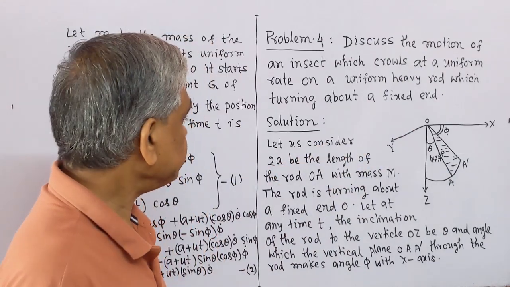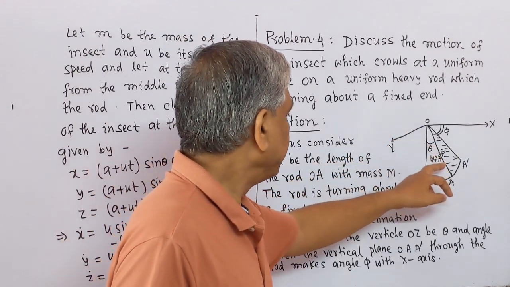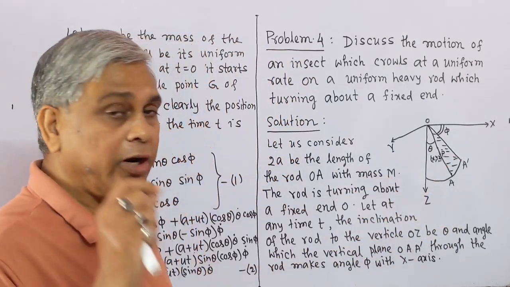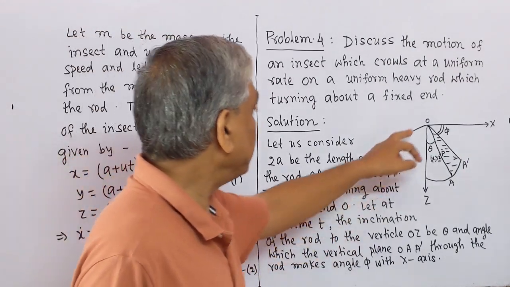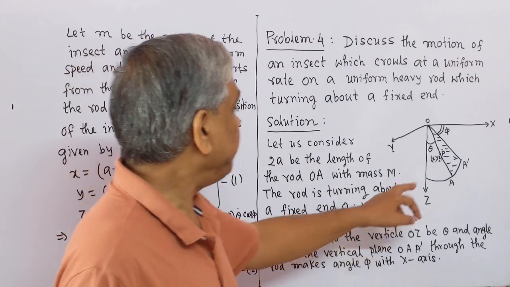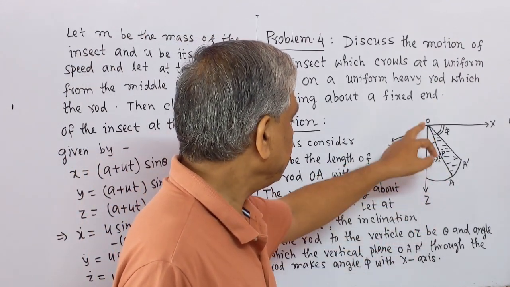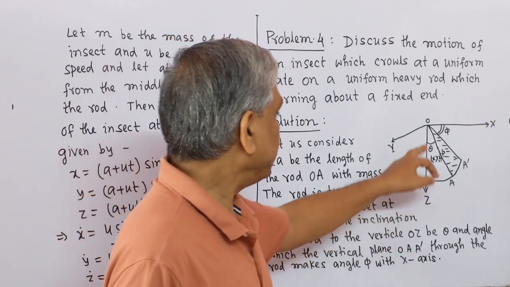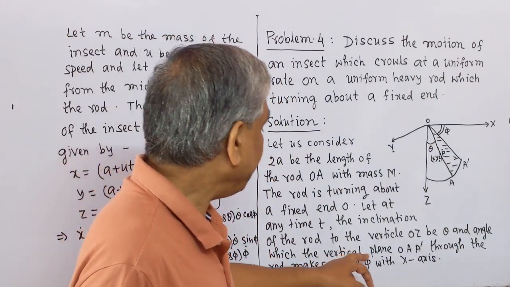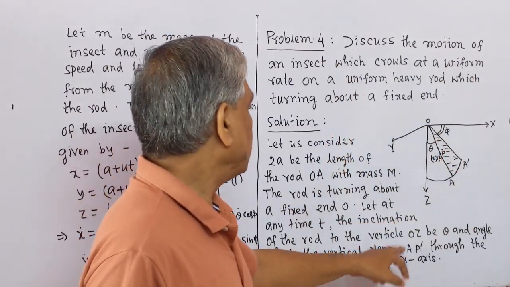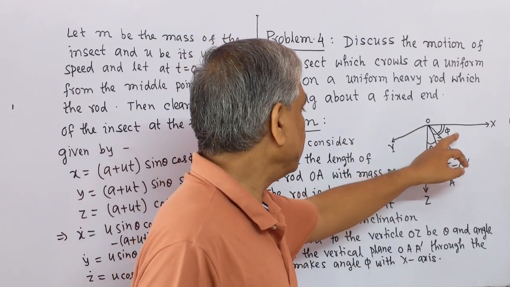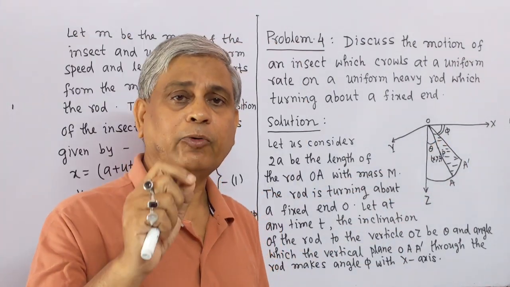Now we solve this. Let 2a be the length of the rod OA with mass capital M. The rod is turning about a fixed end O. Let at any time t the inclination of the rod to the vertical OZ be theta, and the angle which the vertical plane through the rod makes with the x axis be phi. These are spherical polar coordinates.